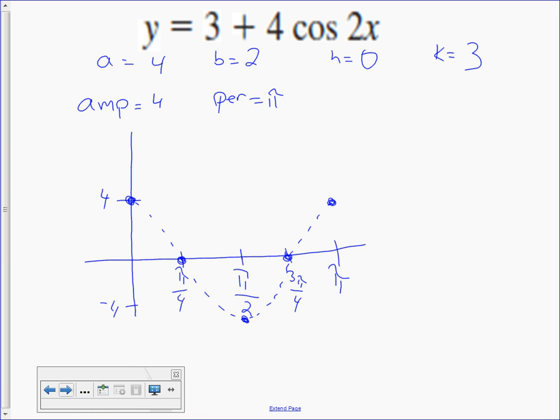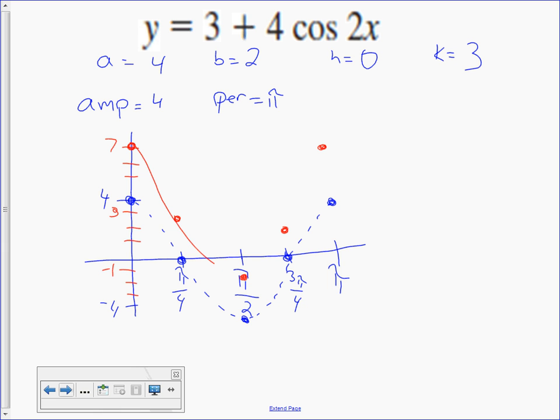And what do I do to each one of those points? Move them up 3. Good. So instead of being at 4, I'm at 5, 6, 7. Instead of being at 0, I'm at 3. Instead of being at -4, I'm at -1, 3, and back at 7.